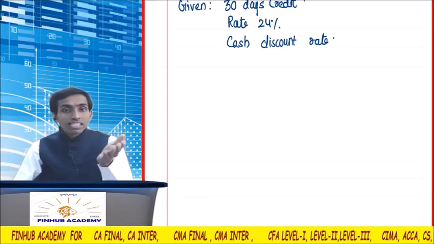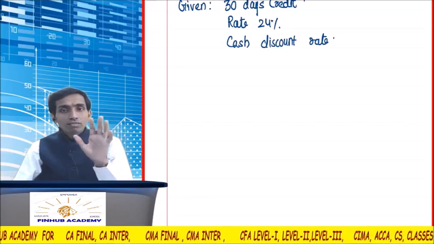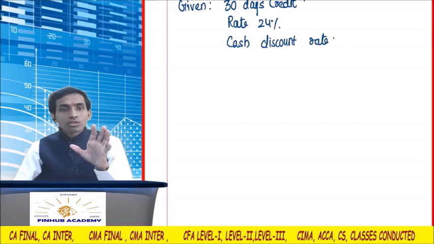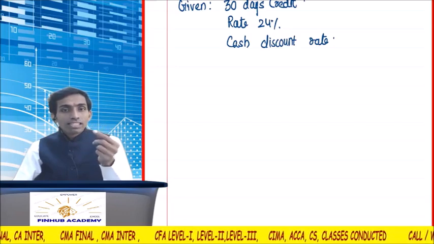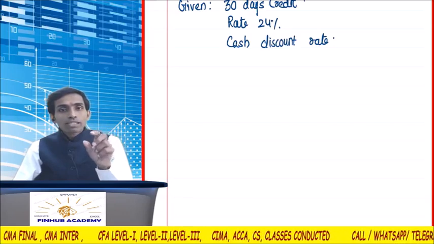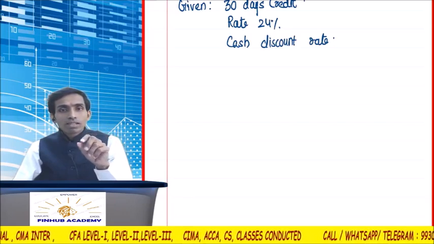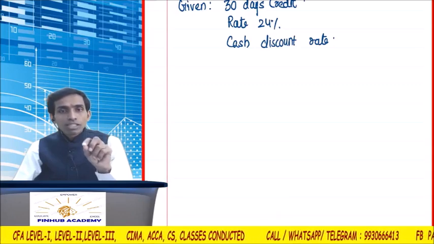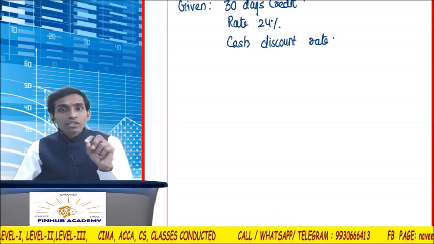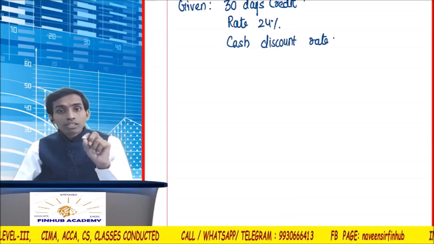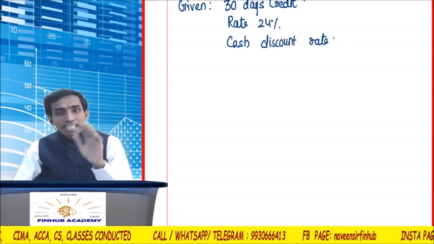Are you understanding? 365 days, not 360 days. 5 days becomes important. These people calculated 24% assuming 360 days. You can't. When you are calculating interest, you can't assume 360 days. You have to take 365 because 5 days is important.